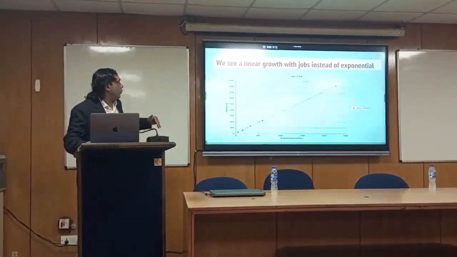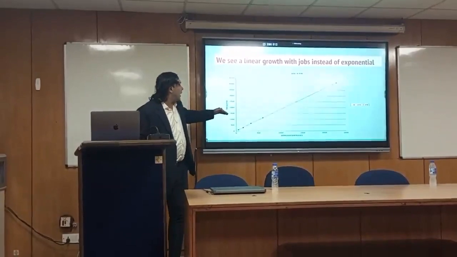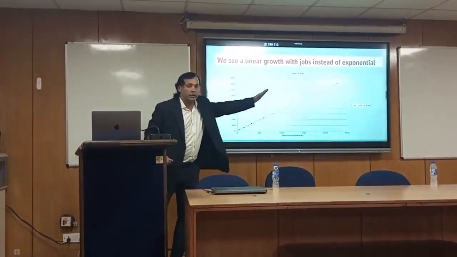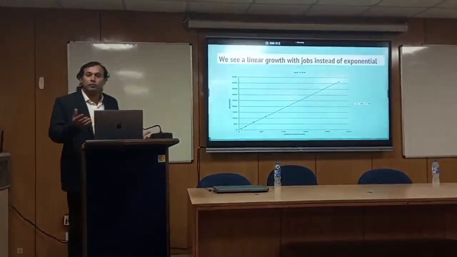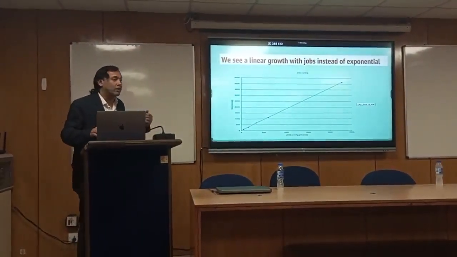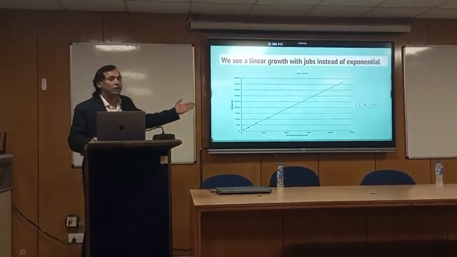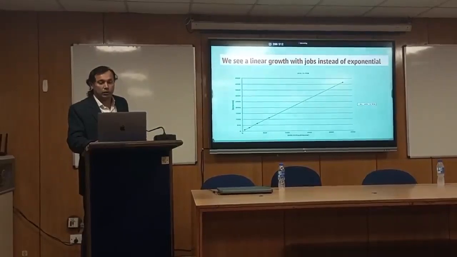And then what we see is that as the data size increases, the time increases linearly instead of going exponentially. So if you've studied maths in class 12, you know what exponential equations are, and that's a big achievement, that we have reduced the time drastically based on the computation.